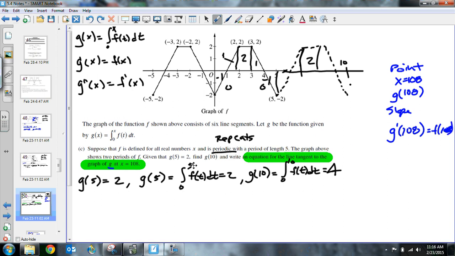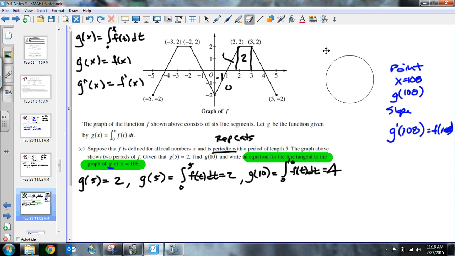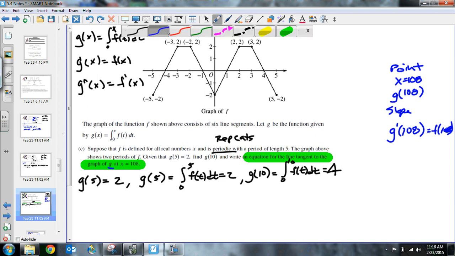So now what we can do here is we can kind of rewrite this. Now, because this is periodic, this repeats every 5 units. So what I can do is I could actually come over here and I could say, all right, well, I'm going to call this 105. I'm going to call this 106. I'm going to call this 107.